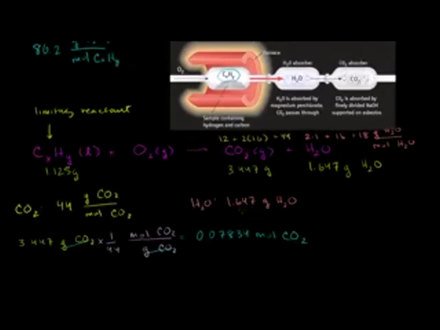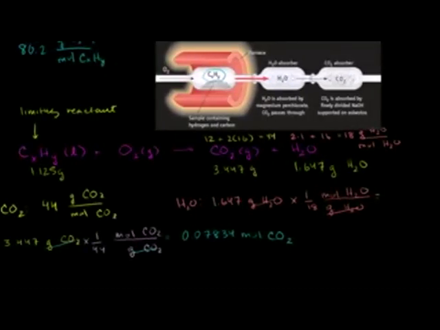Now, to convert the amount of grams we have to moles, what we want to do is multiply it by something that has moles in the numerator and grams in the denominator. We want grams of H2O in the denominator and moles of H2O in the numerator. And that's the exact inverse of this. So if we have 18 grams per mole, we have 1 over 18 moles per gram. And what is this going to be equal to? So this cancels out with that. So we're left with 1.647 divided by 18 moles of H2O.